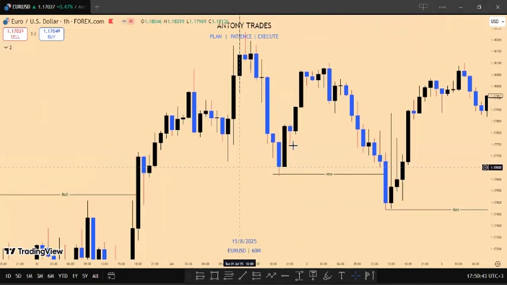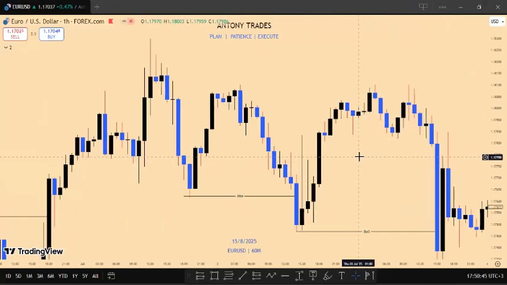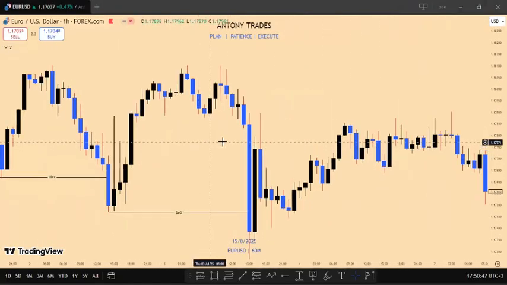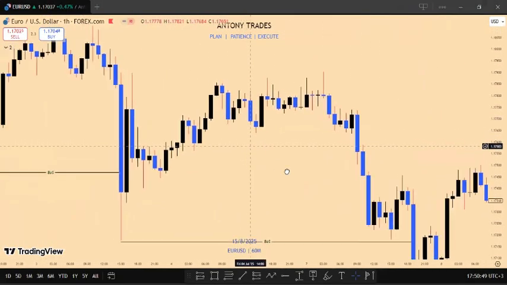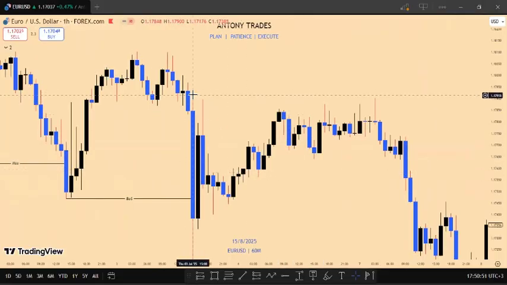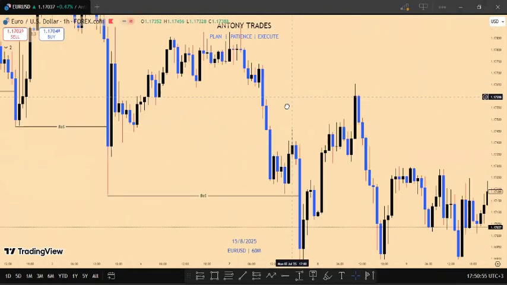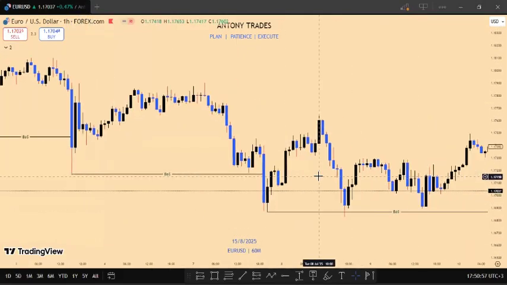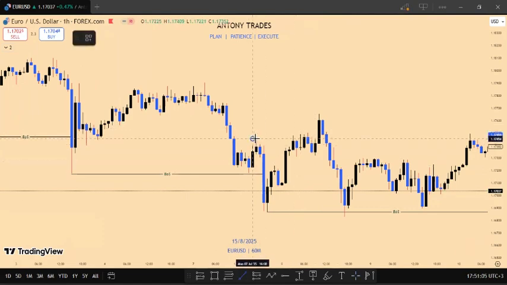So did we see another one? Yeah, let me check. Yeah, this one. You can see here, after this pullback, you can see this pullback swept liquidity above this area.